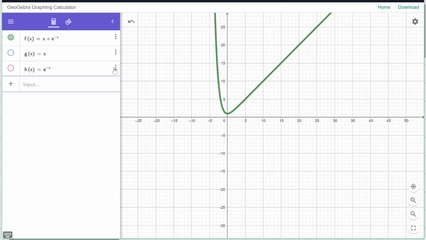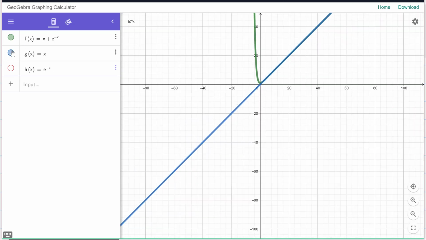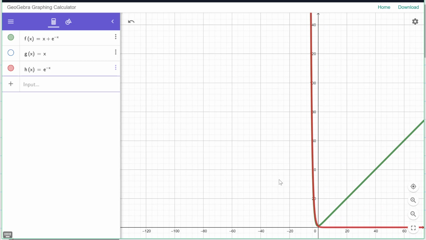And if I were to graph y equals x, you see how the right end behavior model can be graphed by this more simple function. So again, the right end behavior model is as we move towards infinity in the right direction, and you see how y equals x represents the right end behavior model, and y equals e to the negative x represents the left end behavior model because the graphs mimic each other.